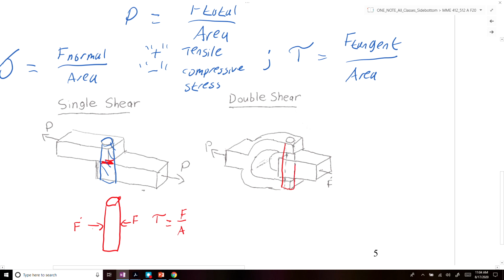While in the case where we modify our pin connection to include a U bracket that connects to a joint, we actually end up having two surfaces in contact.